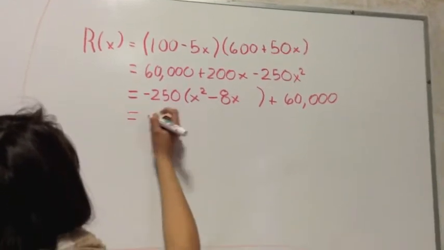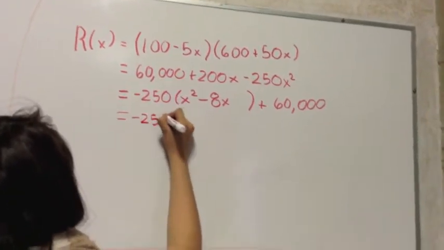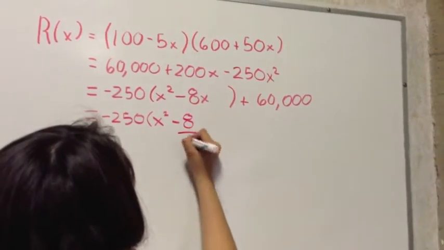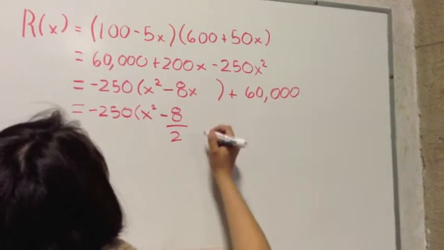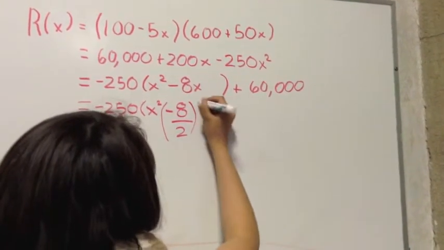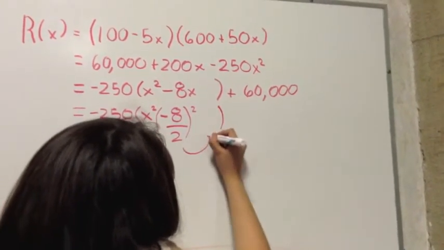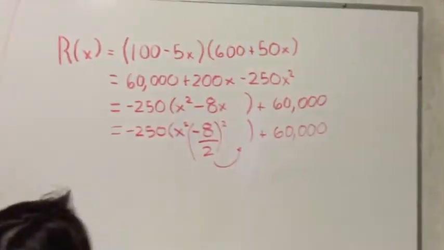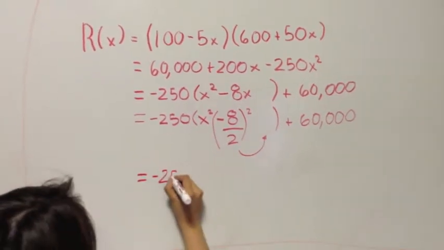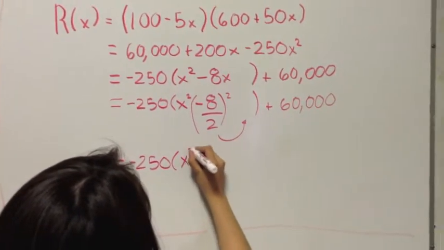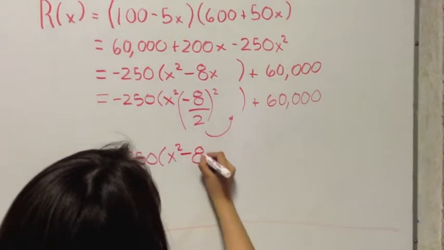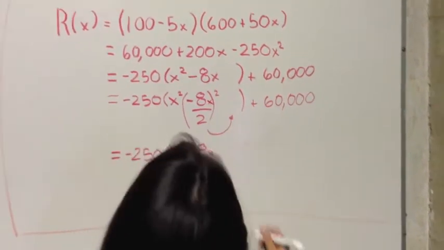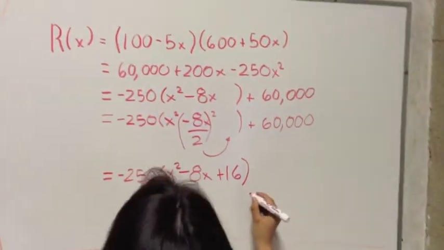Here we complete the square: minus 250 times x squared minus 8x, with 8 over 2. This result we have to square and put next to it, and we add 60,000. So minus 250 times x squared minus 8x plus 16.